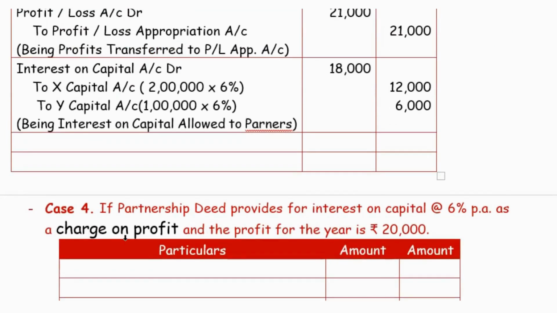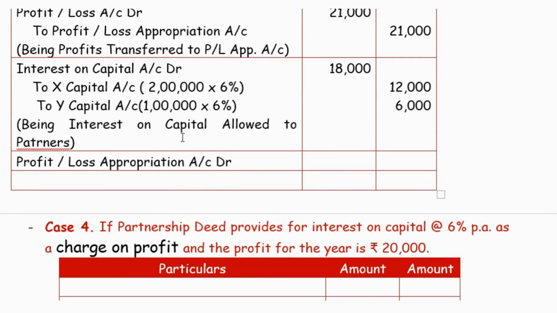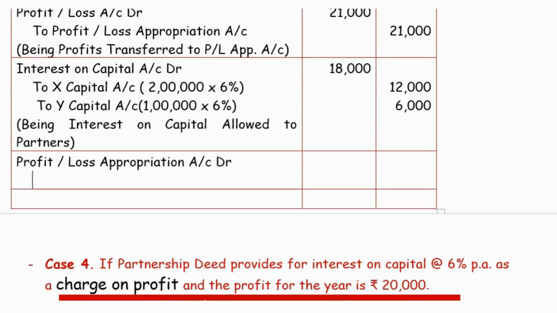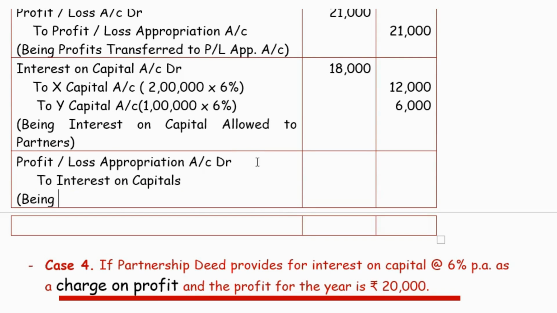Now it is the distribution of this money to the partners. That is done through the profit or loss appropriation account: profit or loss appropriation account debited to interest on capital, being interest on capital transferred, 18,000.